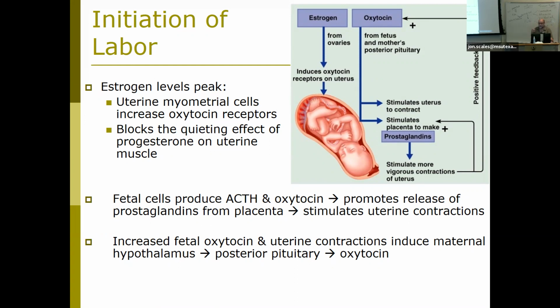And that starts the wave-like repeated waves of contractions that the uterine muscle cells will undergo. And it will cause the further relaxation of the cervix as it dilates so that the baby can leave.